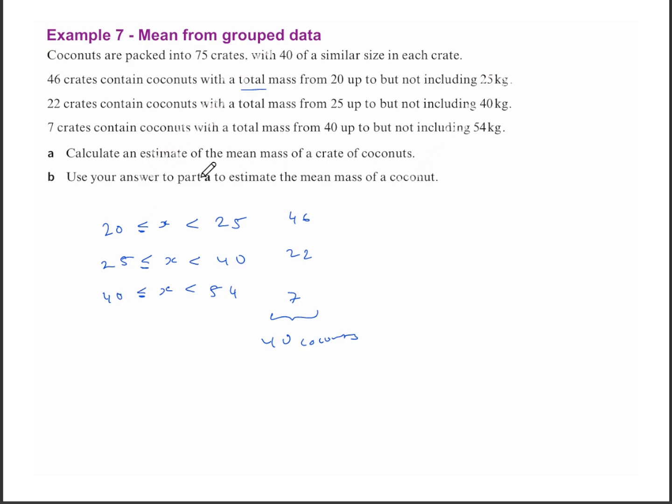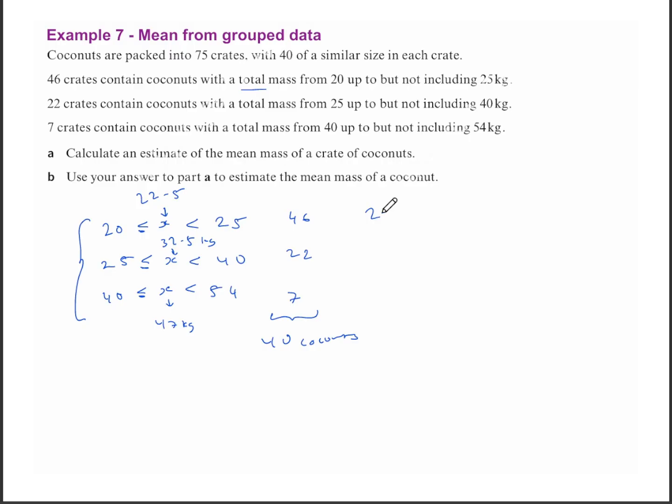So when you want to find the mean mass of the crate of coconuts, we're going to use this as our data point. And remember, when you have grouped data, we take the estimated data point, which is right in between the upper bound and the lower bound. So the midpoint, which is going to be 22.5 kilograms here, 32.5 kilograms here, and 47 kilograms right here.